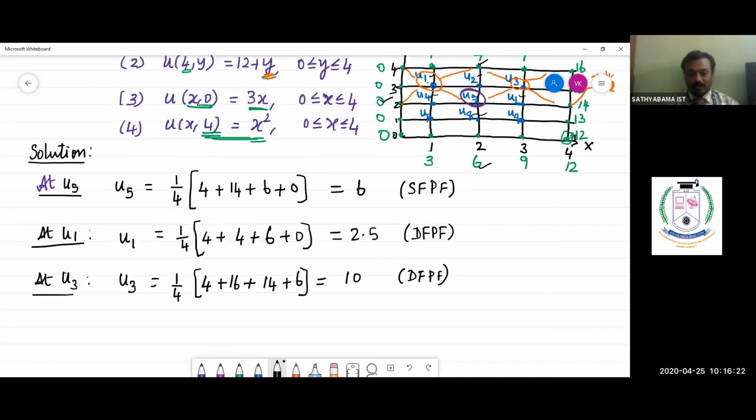So far, now let's try to apply the diagonal 5-point formula to U6.